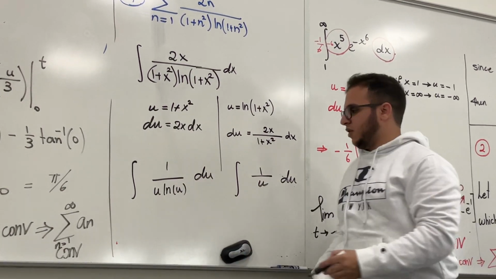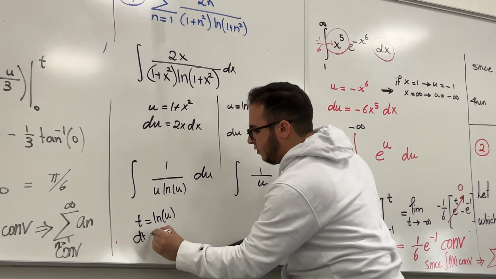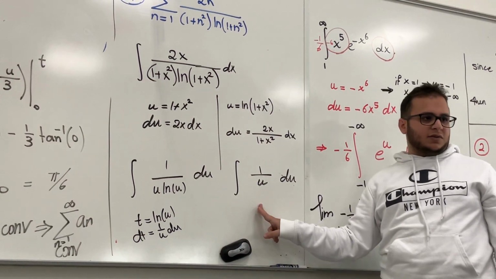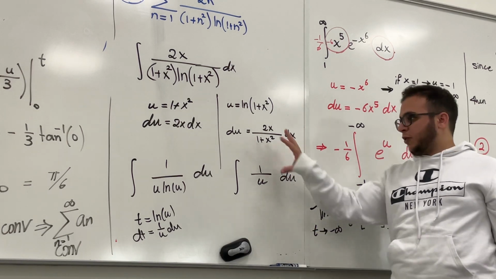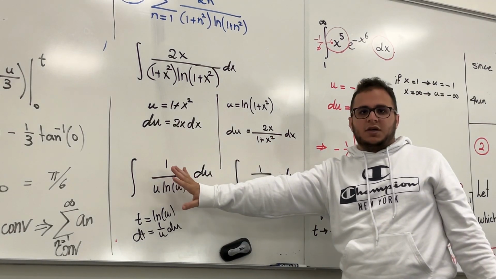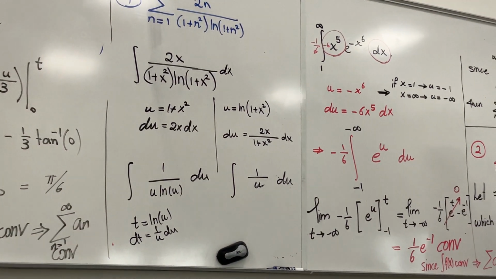You can say t equals ln u, and then dt is 1 over u du, and then it's going to end up like this. But this is just a shortcut, faster. If you spot it, it's correct, and this is correct also. So it's just up to you, whatever you want. Clear?